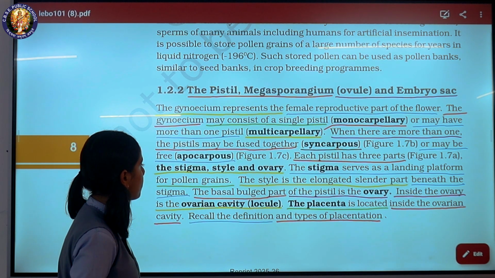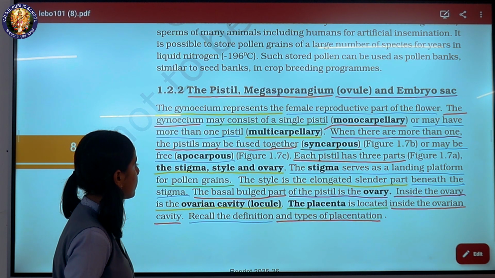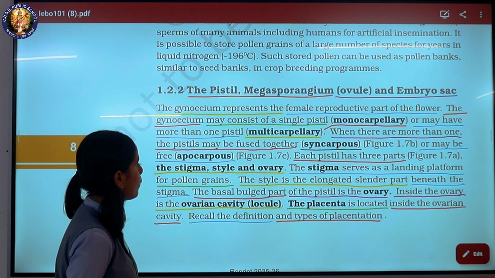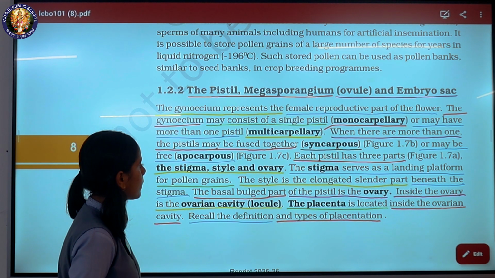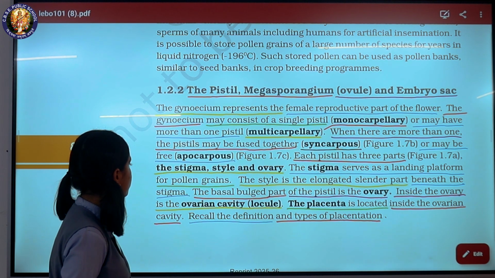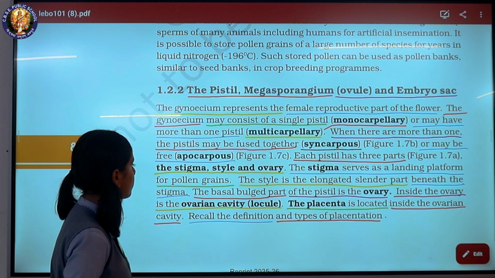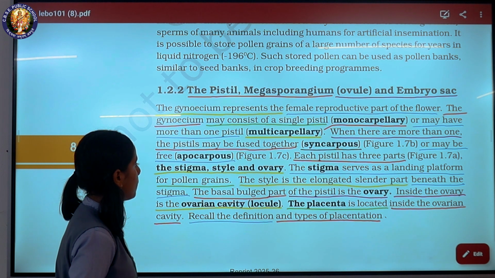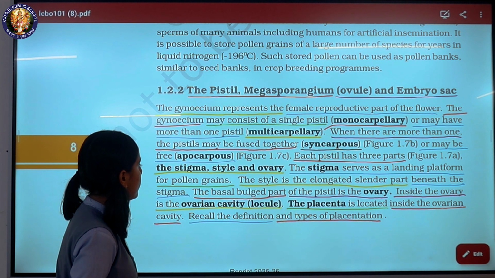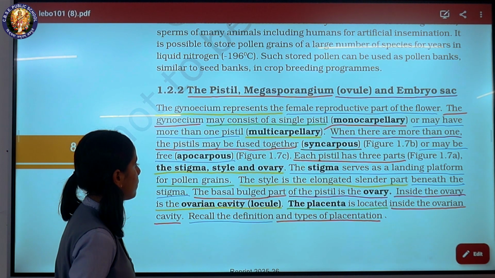The basal bulbous part of the pistil is the ovary. Inside the ovary is the ovarian cavity, locule. The placenta is located inside the ovarian cavity. Recall the definition and types of placentation.